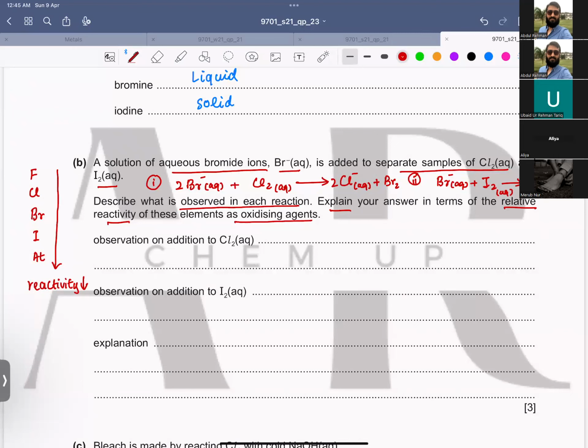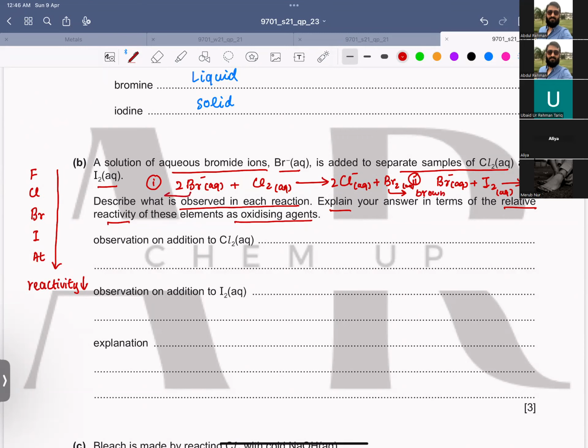So when we talk about observation with chlorine, in the reaction of chlorine with bromide ion, we are observing that bromine is forming. And if this bromine is forming, then the solution becomes brown, or you may write orange.